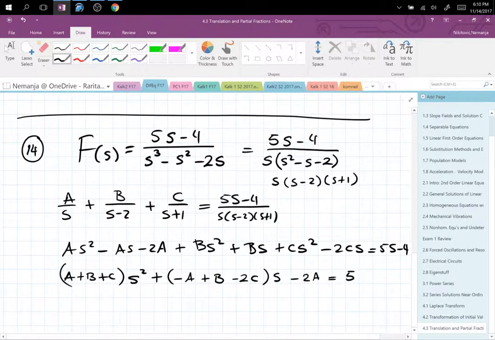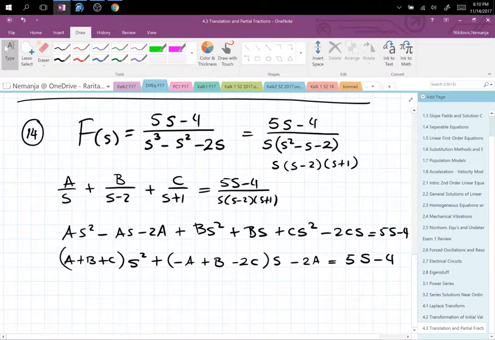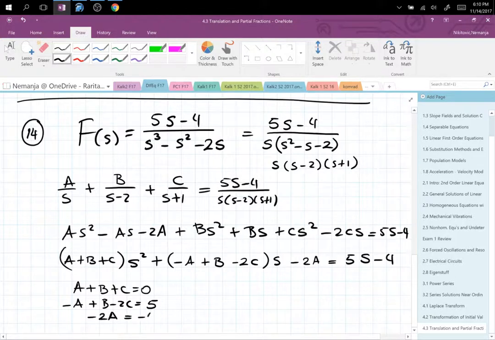Equals 5s minus 4. So A plus B plus C equals 0. Negative A plus B minus 2C equals 5. And negative 2A equals negative 4.